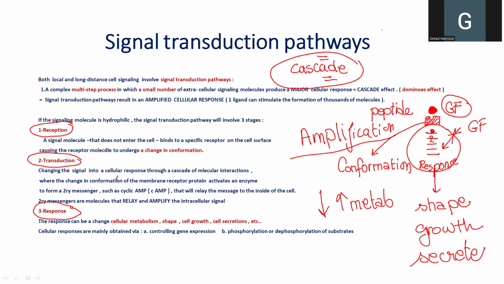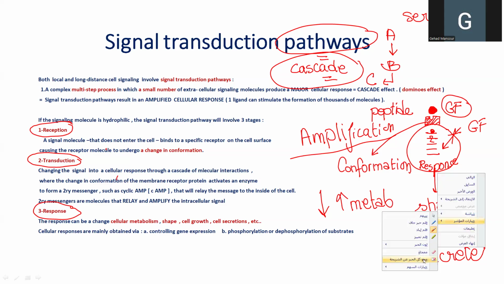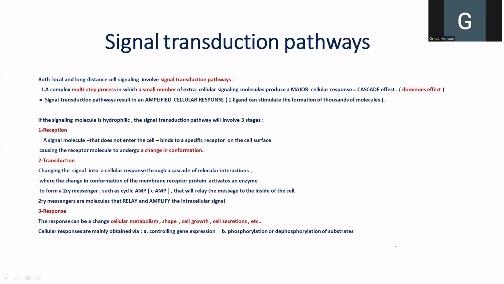But a cascade or a chemical pathway is a series of interrelated chemical reactions, meaning that reaction A will produce products that will be the reactants of reaction B. Reaction B will produce products that will be the reactants of C, and so on. And every time, the number of molecules obtained is amplified or multiplied.